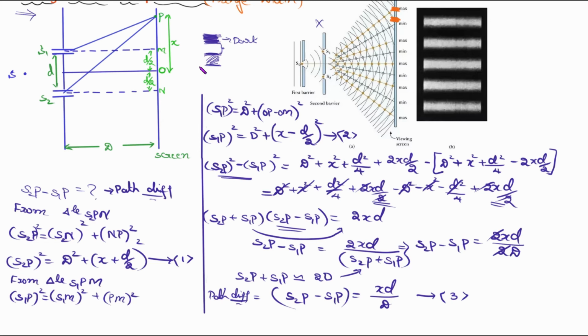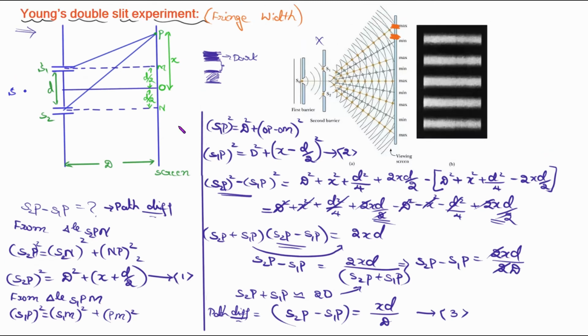Now if you observe this diagram, from the center to this point you will get a number of fringes. Let's imagine this fringe as the nth fringe. Let's assume that the fringe or the band which we have obtained at P is the bright fringe.